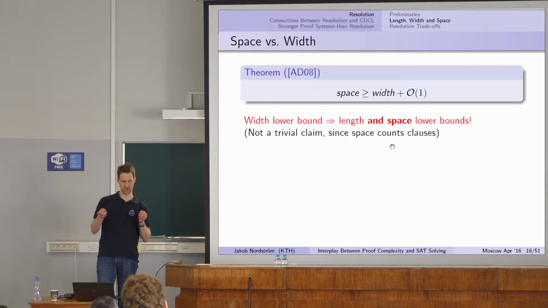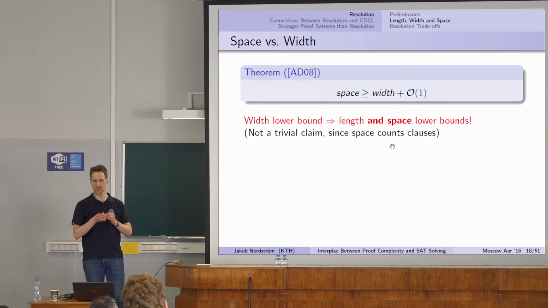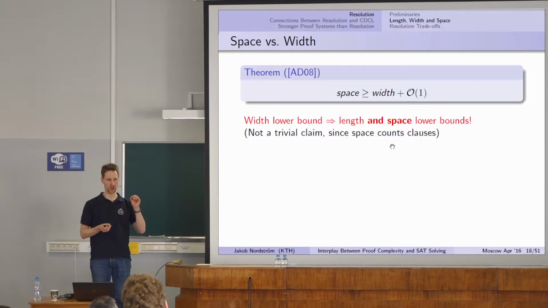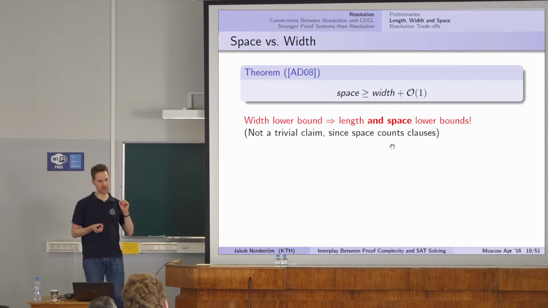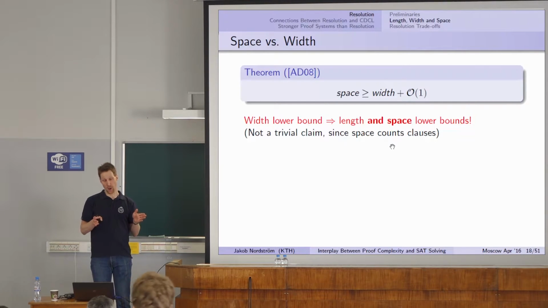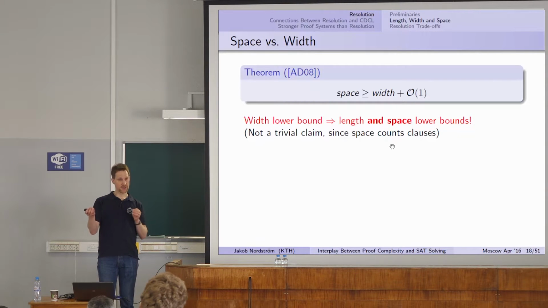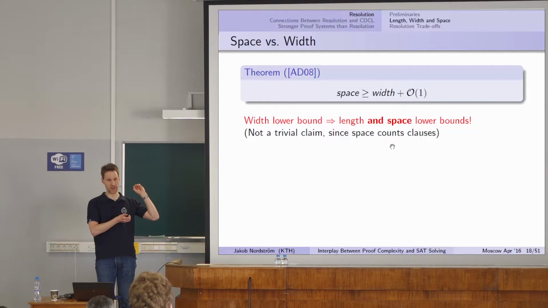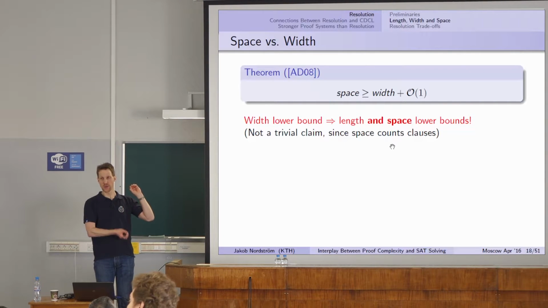And you can say, wait, what do you mean? The width is the size of a clause. That's trivially a space lower bound, but note that space counts the number of clauses, so this is not a trivial statement. This is saying, if I have a CNF formula, for instance the ordering principle formulas that we talked about, and you have a cube root n lower bound on width, that tells you that if you want to refute this formula, there's no way you can find a resolution proof that does not remember cube root n clauses at the same time.